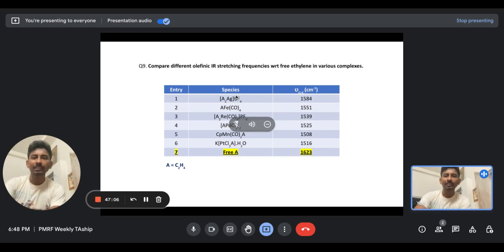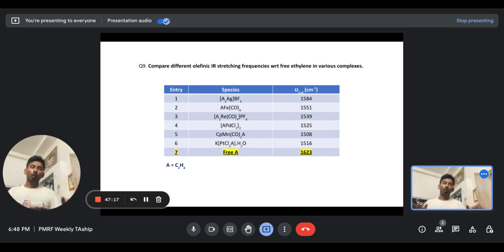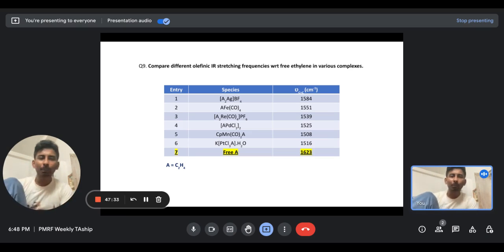In the first case, this Ag+ is bound to two ethylene moieties in a linear fashion. You have to remember, whenever an ethylene or olefin is bound to a metal center, it donates electron density from the pi HOMO to the metal center, and the metal will also back-donate from its d orbitals to the pi* LUMO.